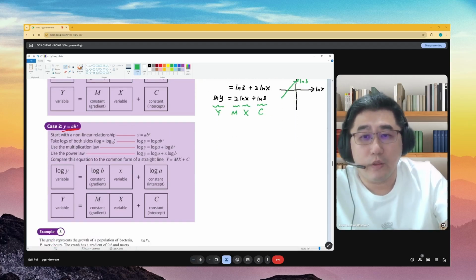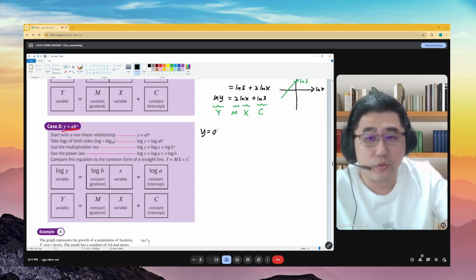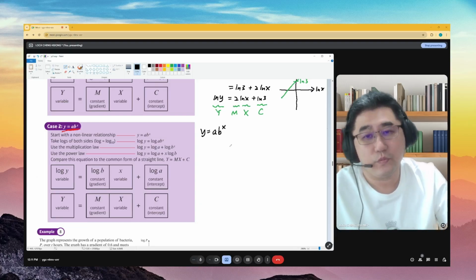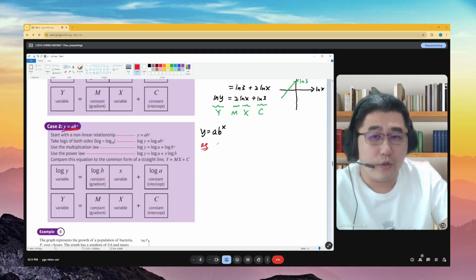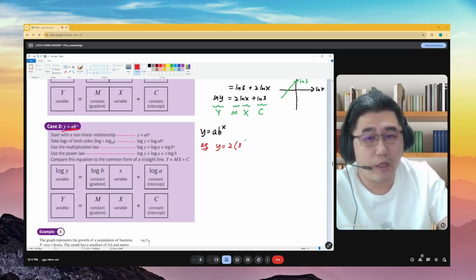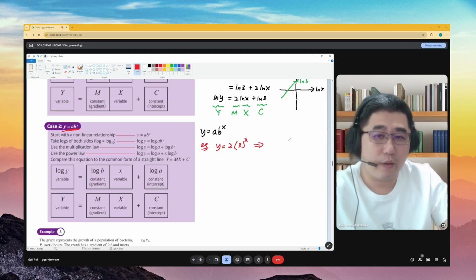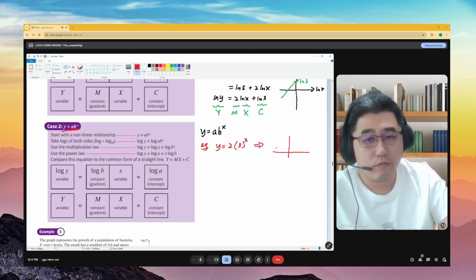If I have y equals ab power x, let's say I use an example of y equals 2 times 3 power x. The original shape itself will look like this.